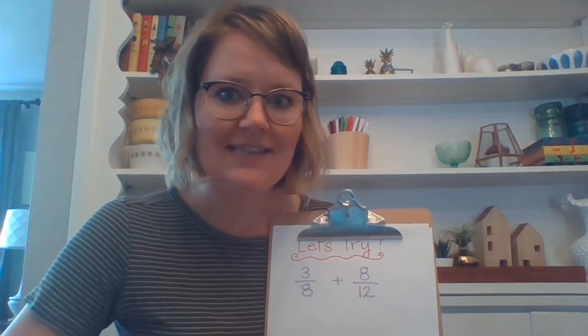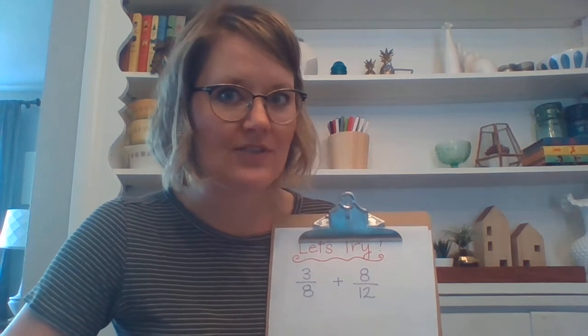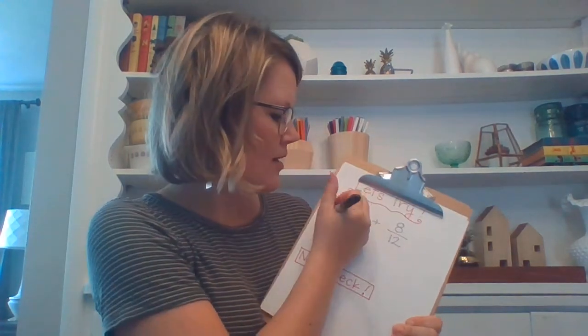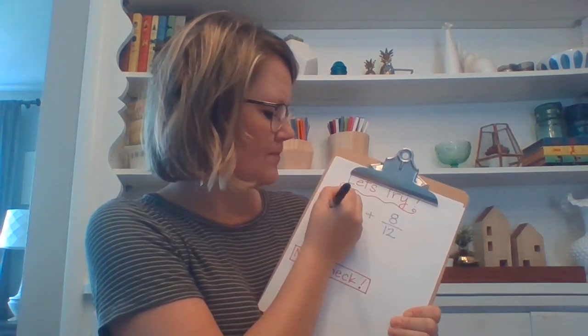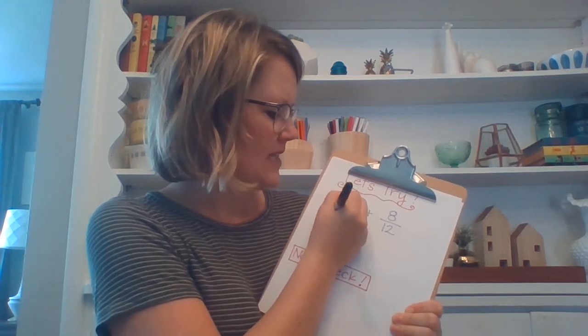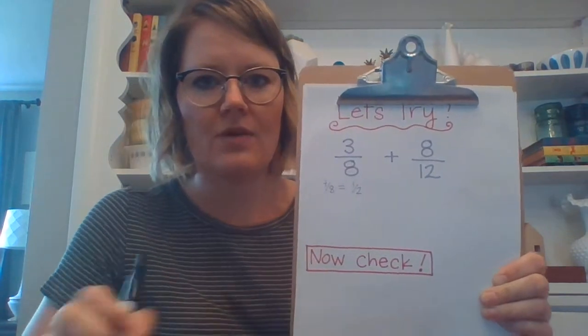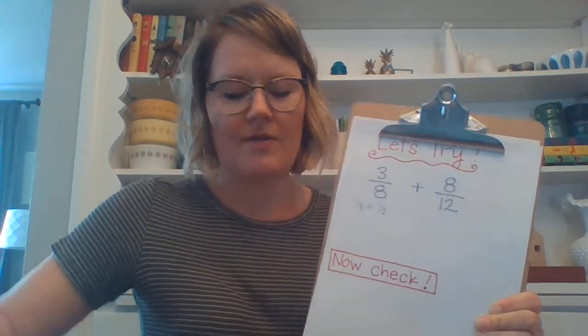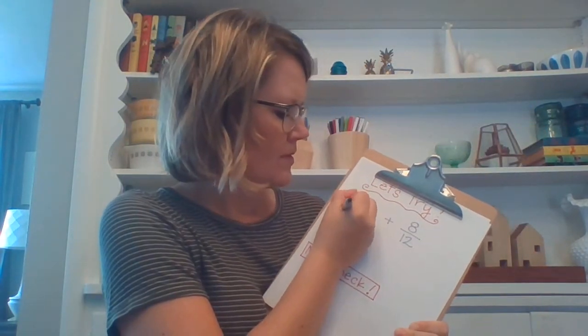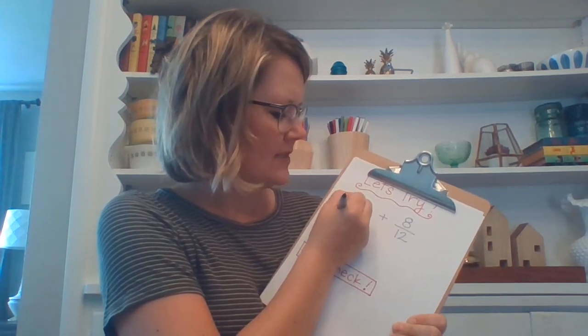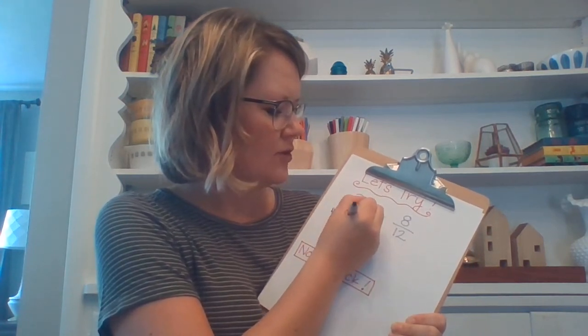If we were having a class discussion, I'm sure I would hear some of you say that you know that 4/8 is equal to 1/2. Well, that's kind of hard to see. Let me use the thicker part of this marker. 4/8 is equal to 1/2.